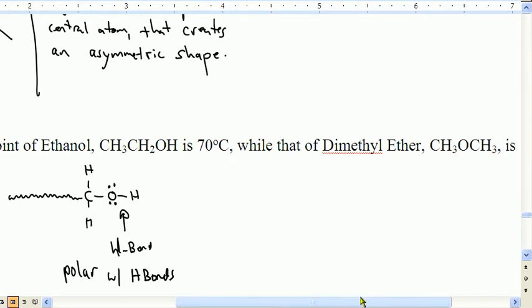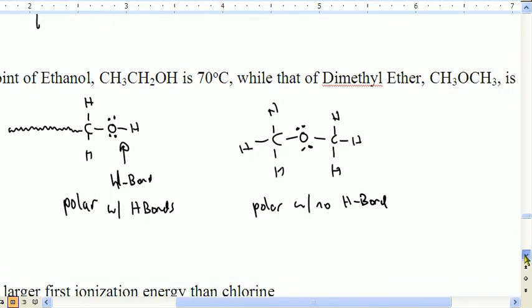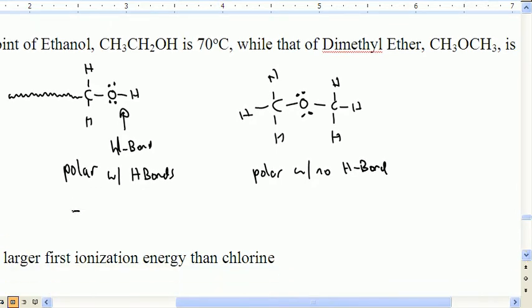And dimethyl ether, you're going to end up with a structure that looks like this. Now, although it is polar, with no H bond. So basically, what's going on here is ethanol has stronger intermolecular forces.